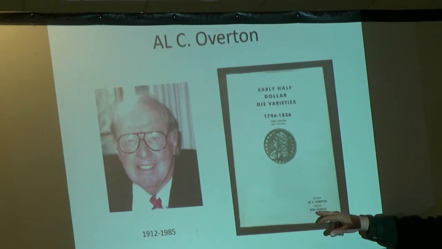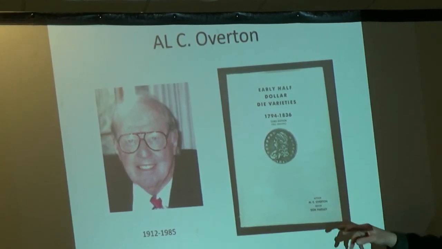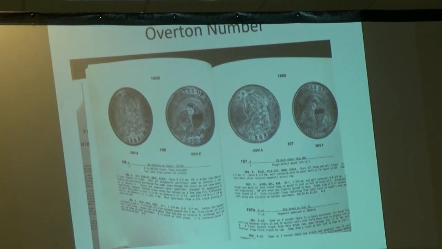And this fellow who, at the time, was assisting him with this book, Don Parsley, has put out, I think he's up to about the fifth issue. Now, if you collect the early half dollars, this is the reference, because he goes into so much detail. There's so many different half dollar varieties, and this is a good example.